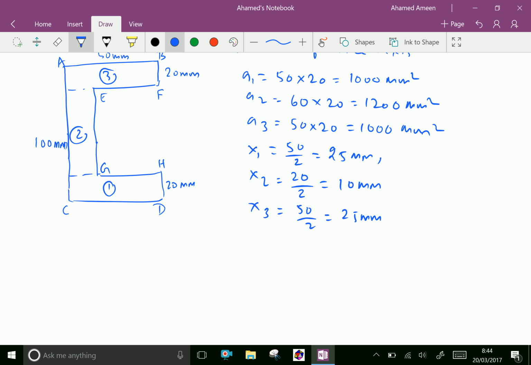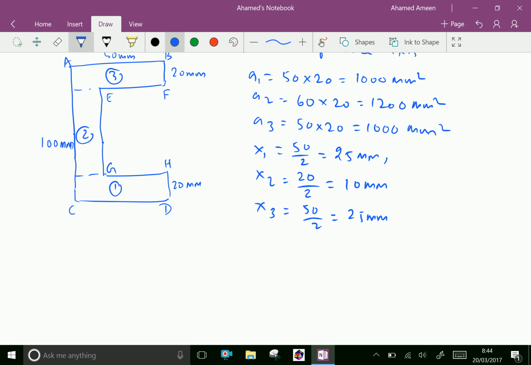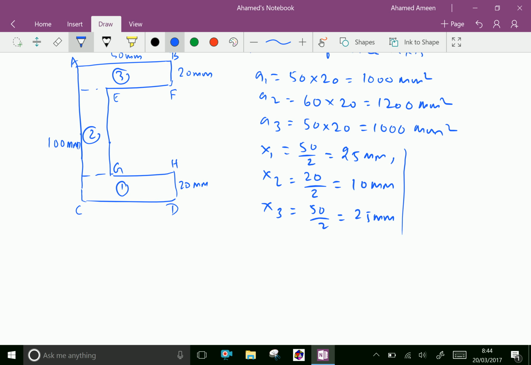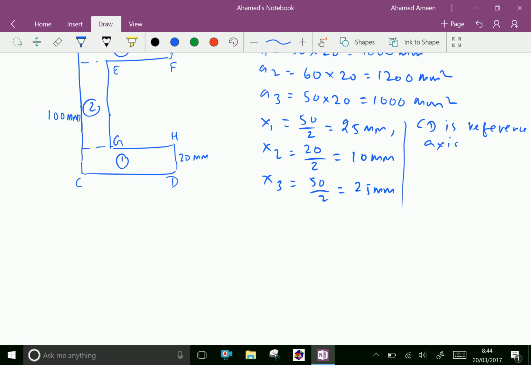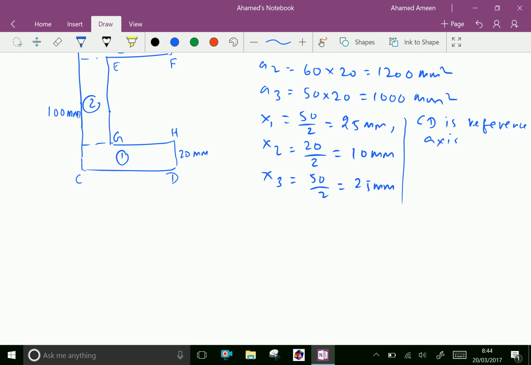Like that, we find y distances. Now CD is a reference line, reference axis. From the base CD, the center of gravity of piece 1, that is y1, equals 20 by 2, that is 10 mm.